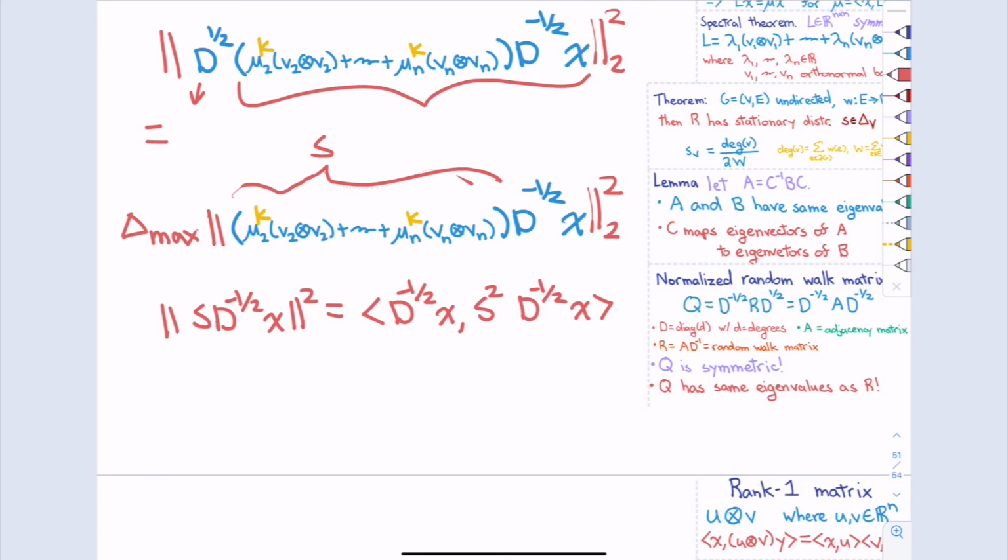Maybe what I'll do is I'll write the next step and ask you guys to justify it. Okay, so why is this true? Why was I able to, at some level, get rid of the s squared term and replace it with some kind of maximum over the eigenvalues, the absolute eigenvalues?